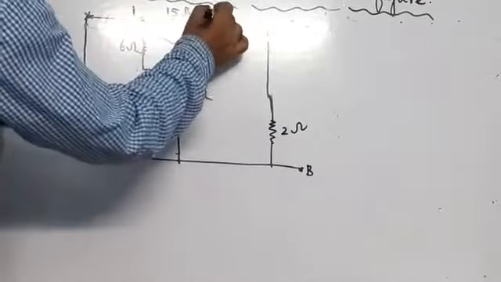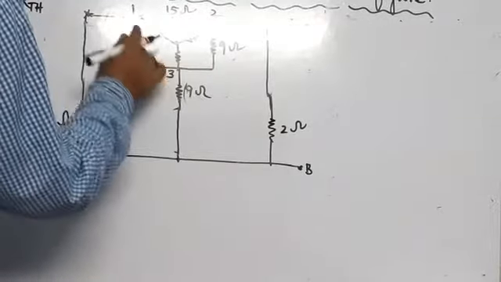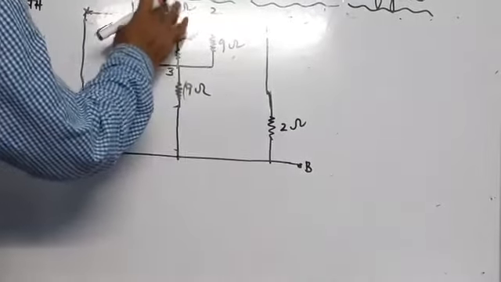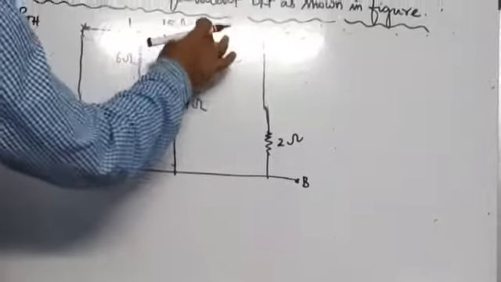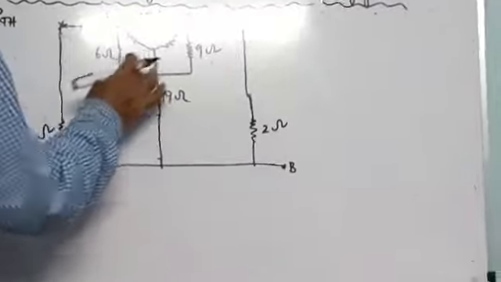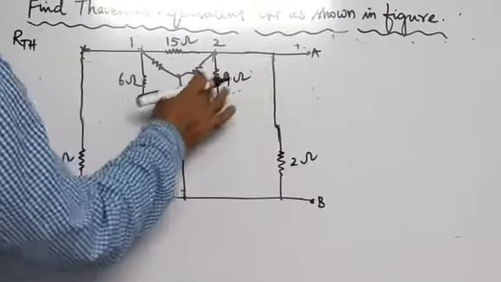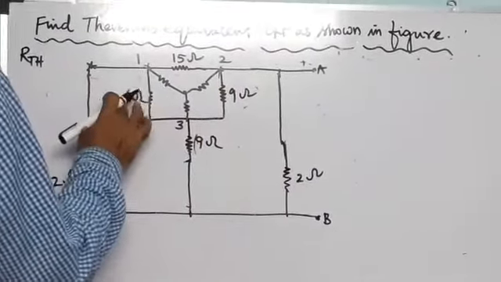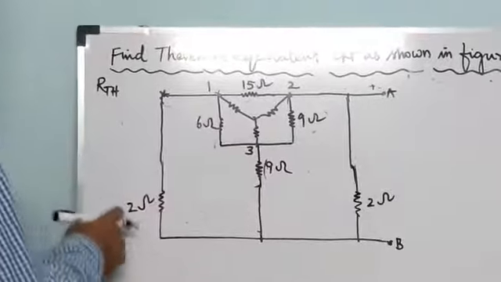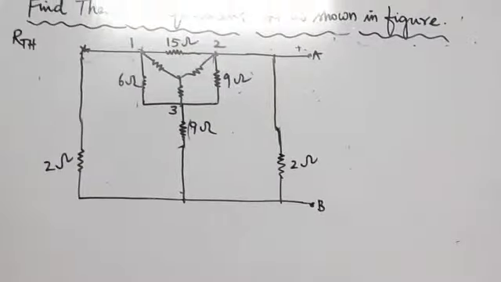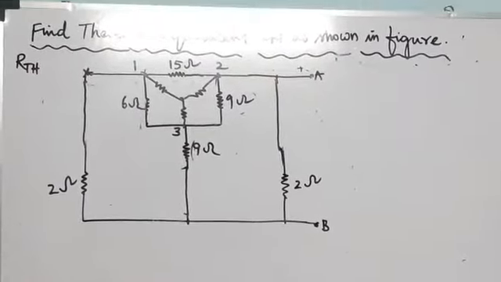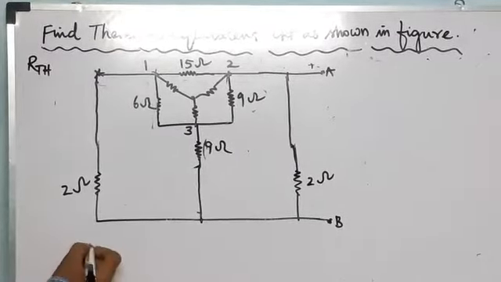So 1, 2, 3. This is the delta connection, R12, R23, R31. That means R12 is 15 ohms, R23 is 9 ohms, R31 is 6 ohms. Convert into star connection.